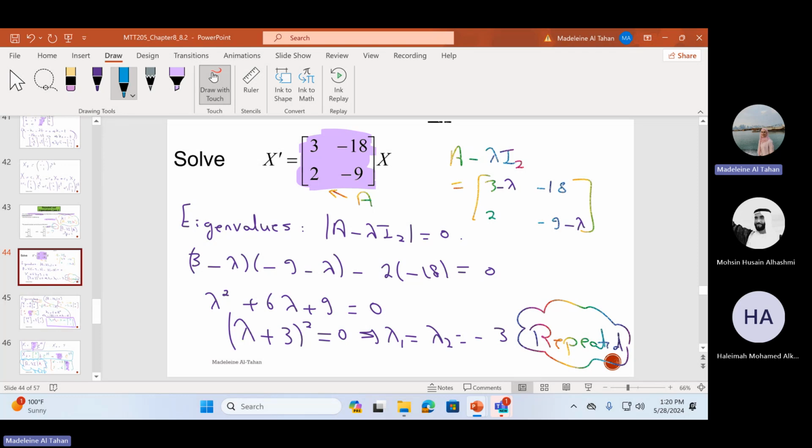I will edit it. It's given in this way. I will give it an initial condition. What do you want the initial condition to be? 1, 2. What do we mean by this? It means that the first variable at 0 will be 1, and the second variable at 0 will be this one.